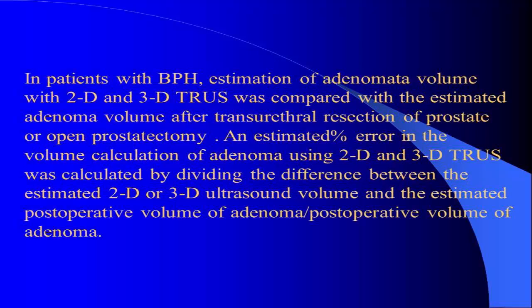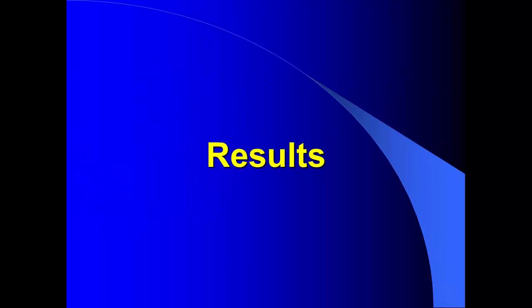In patients with BPH, we estimated the volume of adenoma using two-dimensional and three-dimensional ultrasonography, and the results were correlated with the post-open prostatectomy or transurethral resection of prostate results.